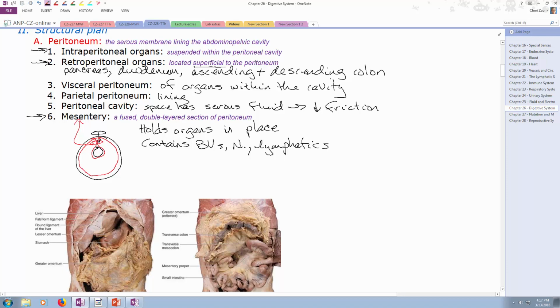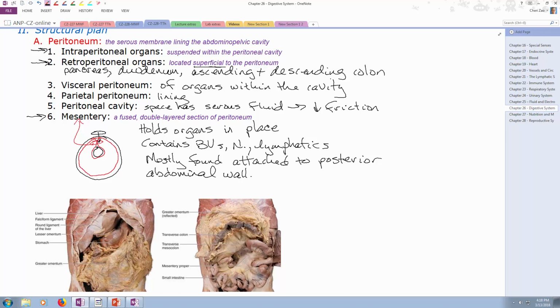For the most part, it is attached to the posterior abdominal wall. But we have other mesentery that makes up the greater omentum of the stomach, the lesser omentum of the stomach, as well as the falciform ligament. And those are all mesenteries.